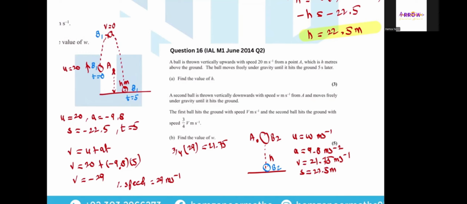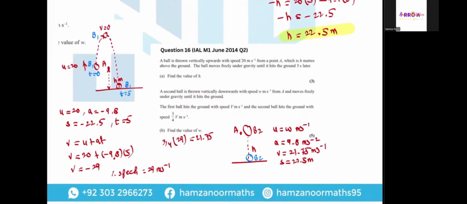What we need to find is the initial velocity u, and then we would be able to tell the value of w. So I can use v squared equals u squared plus 2as. So 21.75 squared equals w squared plus 2 times 9.8 times 22.5.